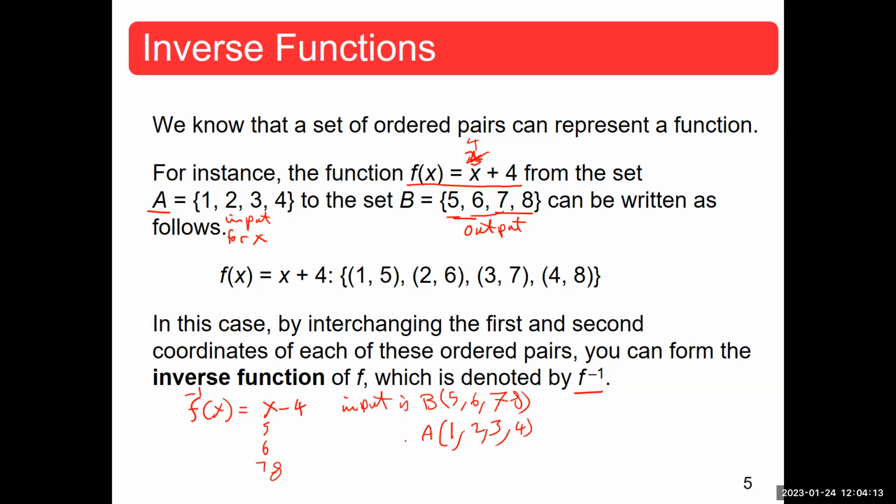So here we have output. That is the property of the inverse. The original function has input and output; the inverse uses the output as the input, and we get the original input back as the output.